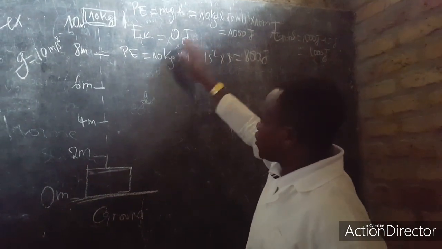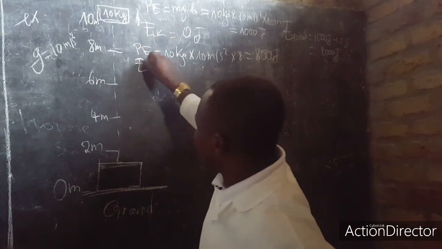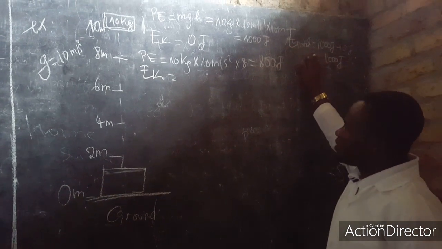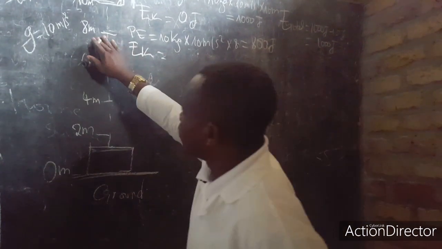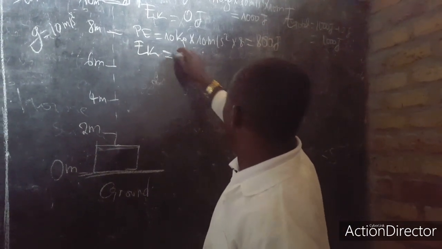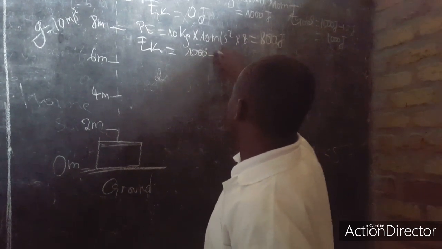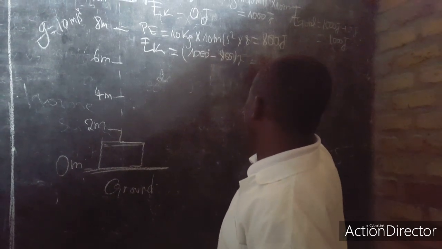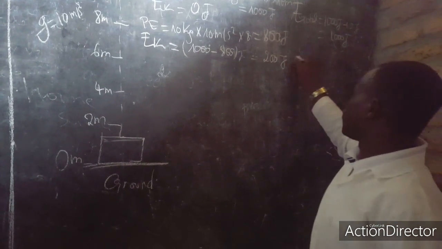So in order for the total amount to remain constant, the kinetic energy will be given by the total amount of energy we had at the top minus the potential energy at this point where we have 8 meters. So our kinetic energy will be 1,000 minus 800 joule, which is 200 joule.